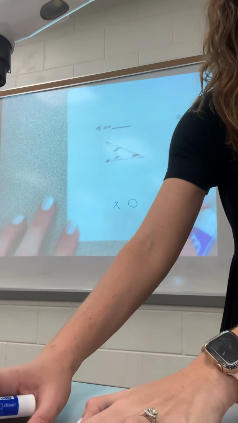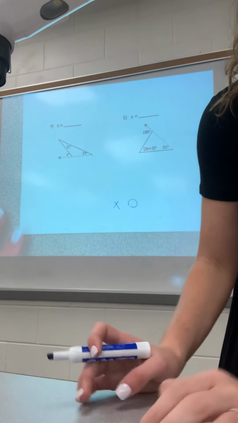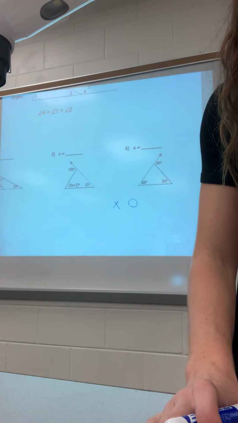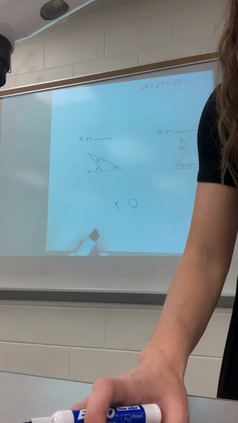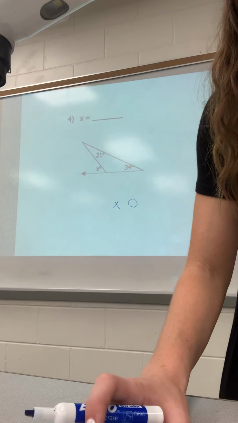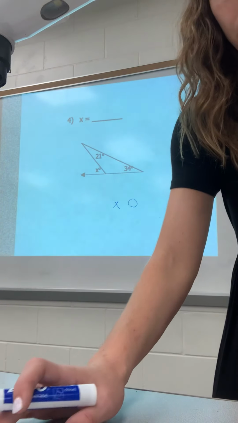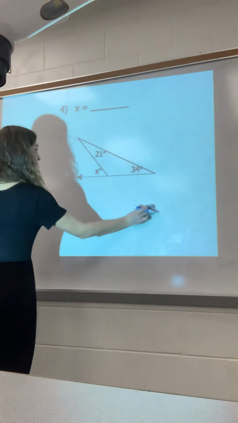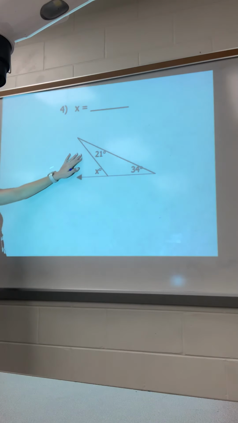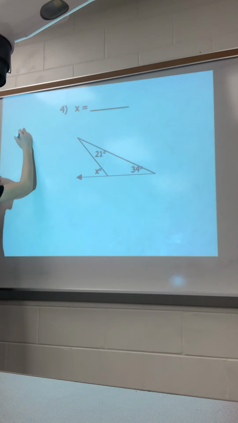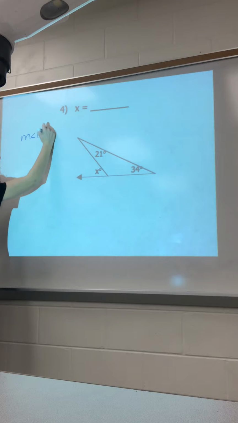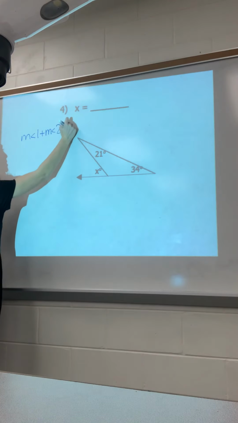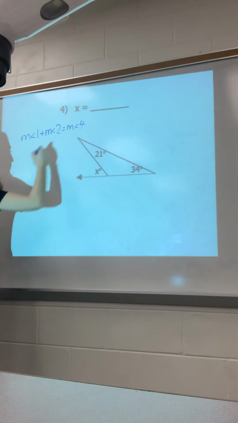Let's look at example problem number 4. All right, so in example number 4, what we have learned is the measure of angle 1 plus the measure of angle 2 gives me the measure of angle 4.